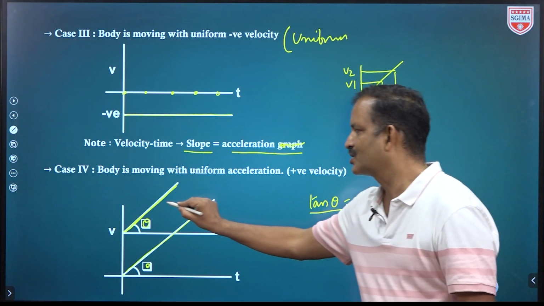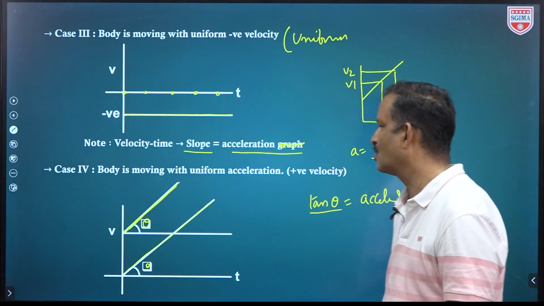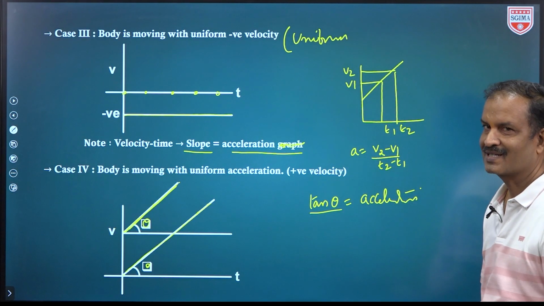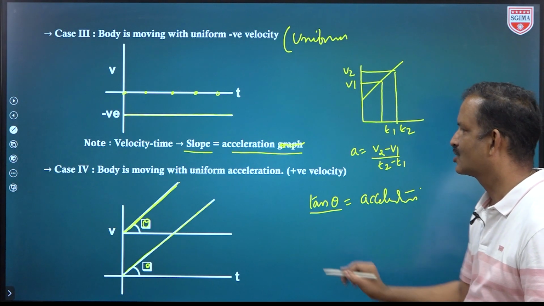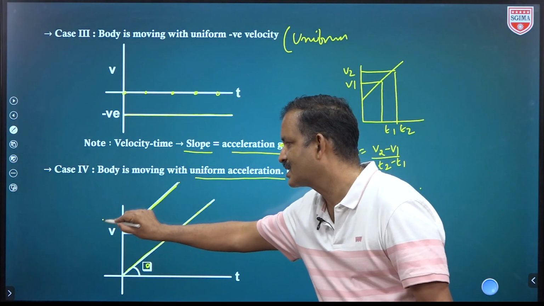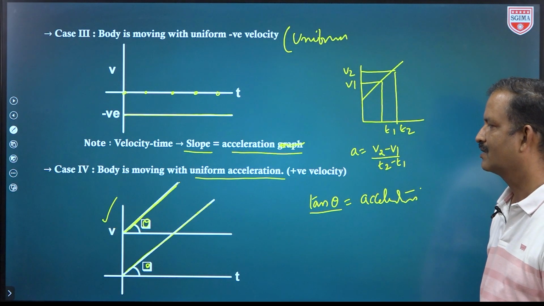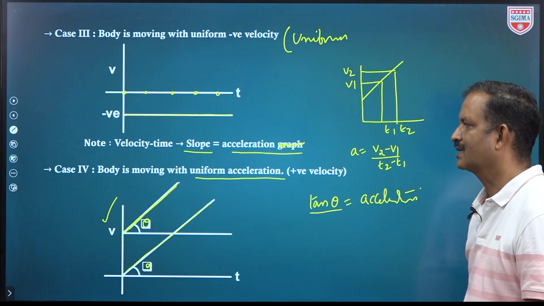A straight line means constant slope at any point, so acceleration is constant. So it is going with uniform acceleration but positive velocity. Positive velocity means it is going away from the point of observation.